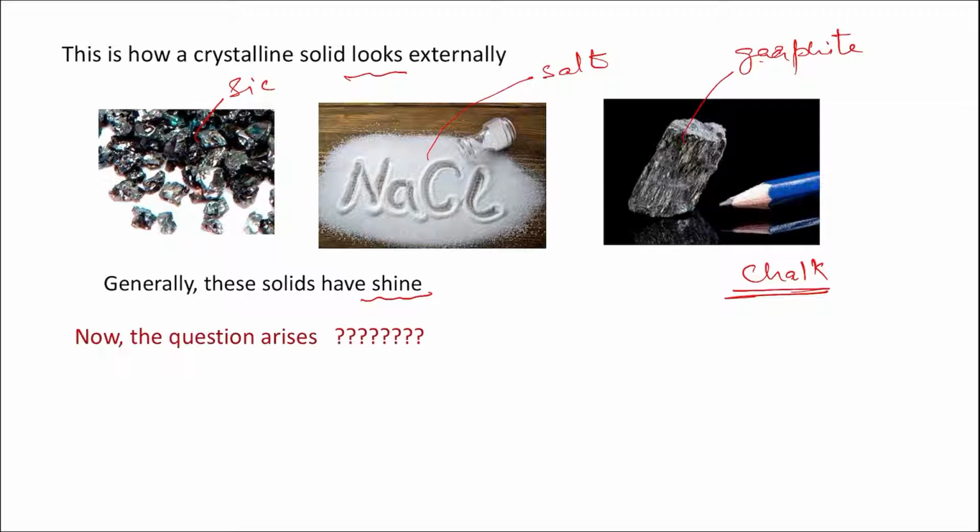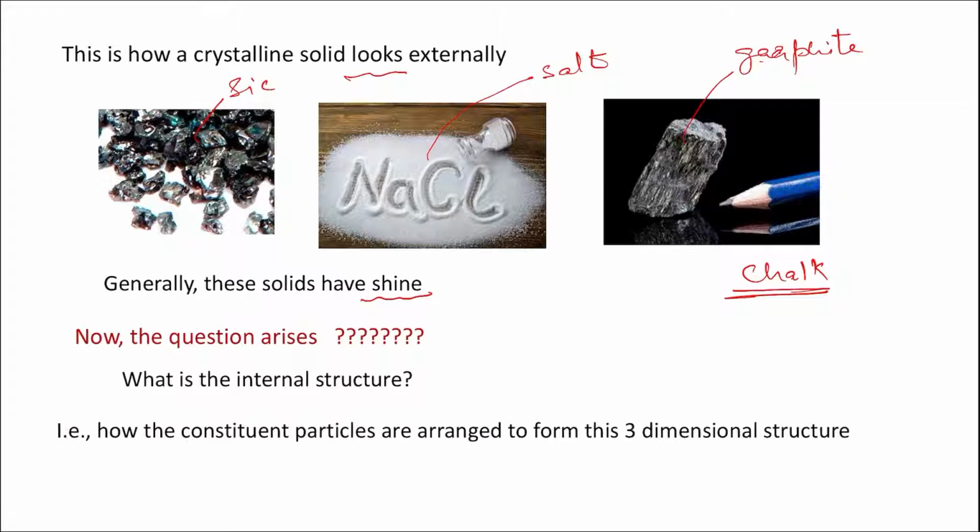But if we are discussing the internal structure, meaning how the constituent particles, like atoms in the case of covalent or metallic solids, ions in the case of ionic solids, or molecules in the case of molecular solids, arrange themselves in three dimensions to form this structure.